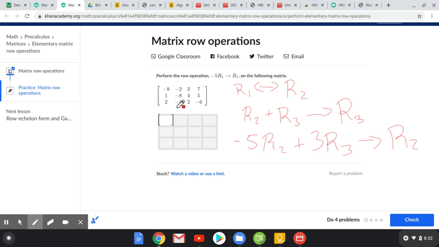When I'm writing my resulting matrix, my result goes in row 2, and row 3 doesn't change because I'm putting the result in row 2. So even though I multiplied row 3 by 3, when I finish this row operation, row 3 is going to be the same as it always was. Hopefully that makes sense.